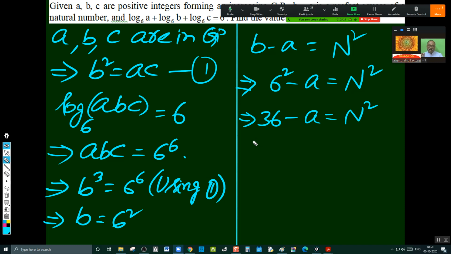Let us just check it out. Verify. A is equal to 1, 2, 3, 4, 5, 6... for 25, the next one, how much should A be? It should be 11. We will write it and then check.